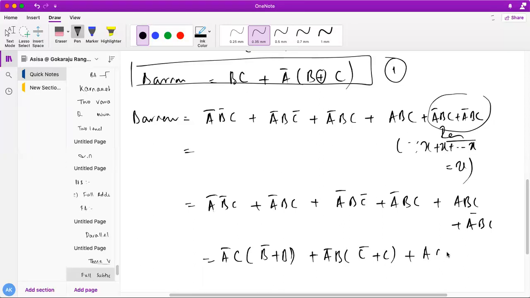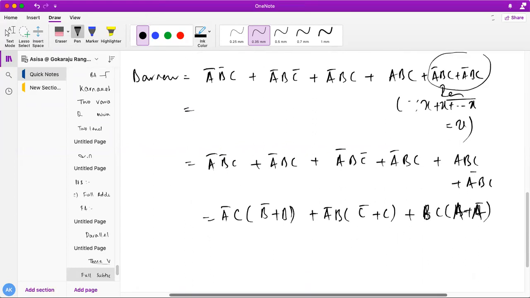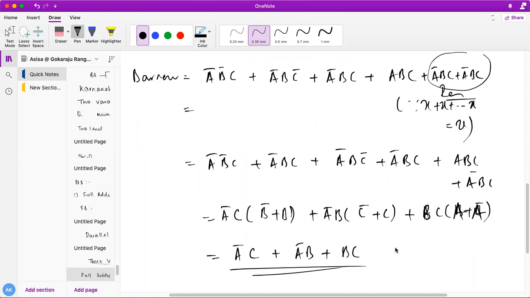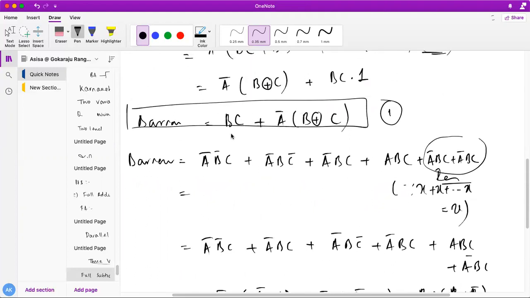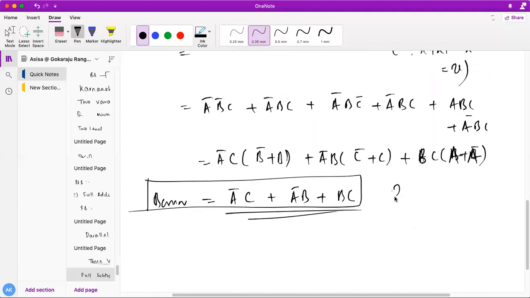Last, this is bc, a or a bar. Okay, so if I do this, what will I get? Finally, I will get a bar c, a bar b or bc. So this is also another logical expression of borrow. So what are the two equations we got? A bar c, a bar b or bc, and also bc or a bar b xor c. Okay, these are the two logical expressions for my borrow.